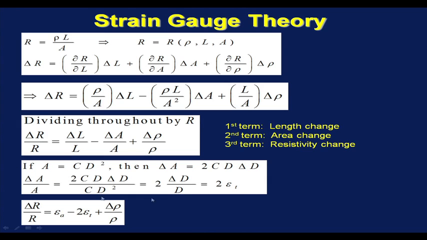So, delta A by A becomes 2 epsilon t. So, the fractional change in resistance delta R by R can be written as epsilon A minus 2 into epsilon t plus delta rho by rho. So, this is axial strain minus twice lateral strain plus delta rho by rho.